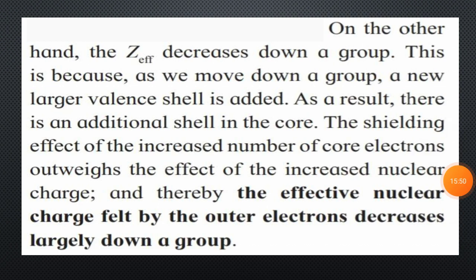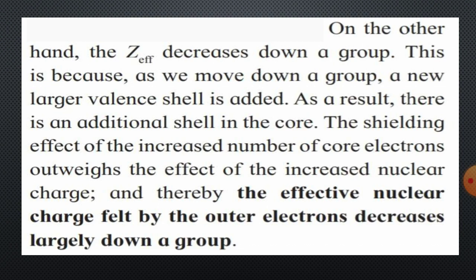So, students, down the group atomic number is increasing, nuclear charge is also increasing, electrons are added, but here valence shells are also being added.